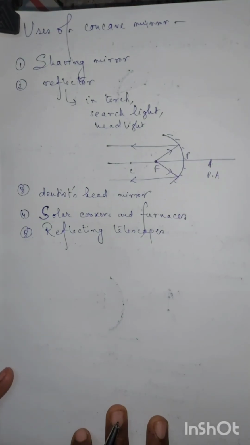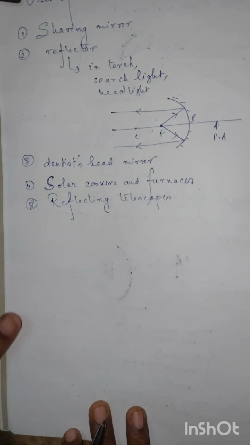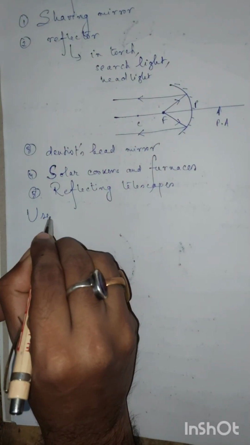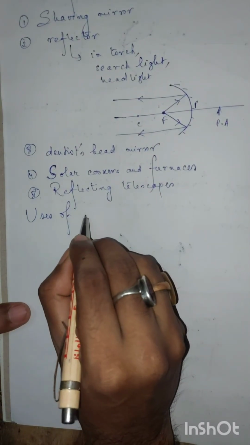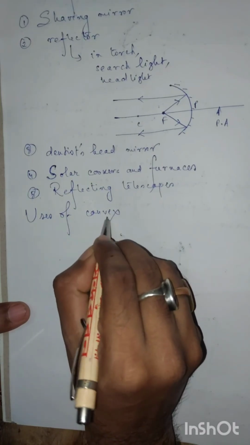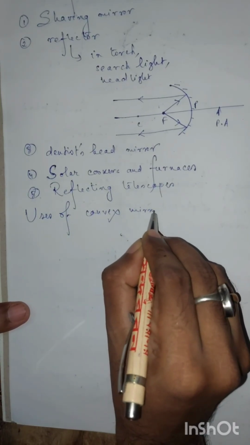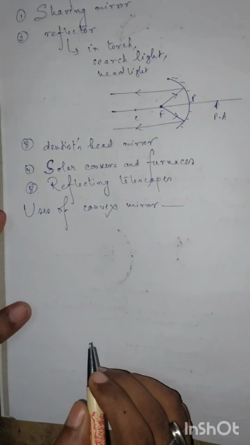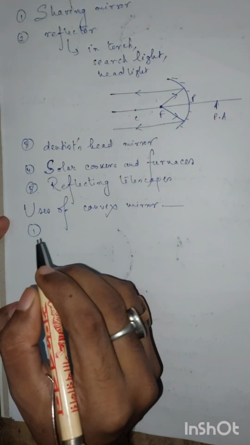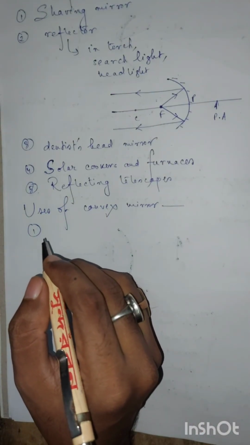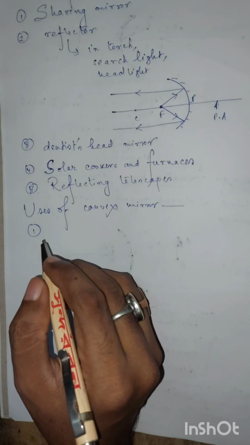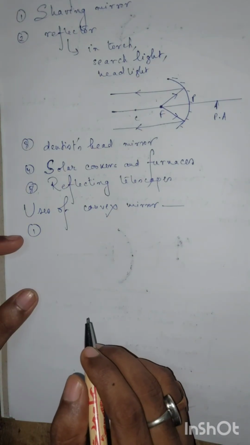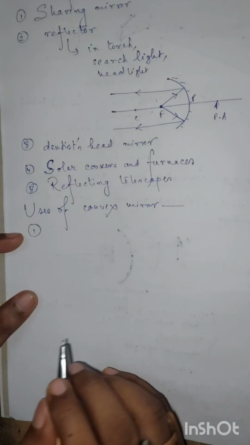Now let us discuss about the uses of convex mirror. Number 1, it is used as a reflector in street lamps.